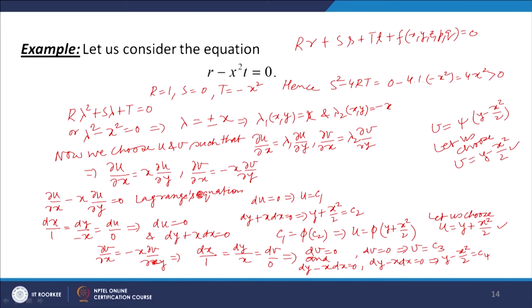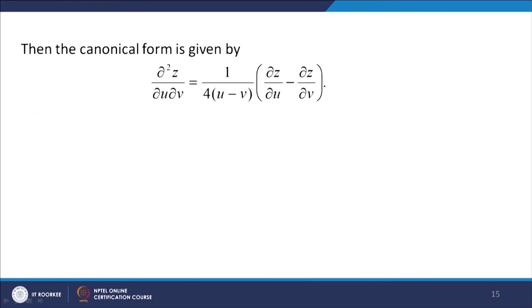Let us change r, s and t here, where r is the second order partial derivative of z with respect to x, and t is the second order derivative of z with respect to y. Let us change them to the corresponding derivatives with respect to the independent variables u and v. So, we consider r minus x square t equal to 0.